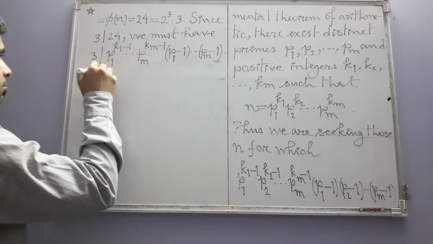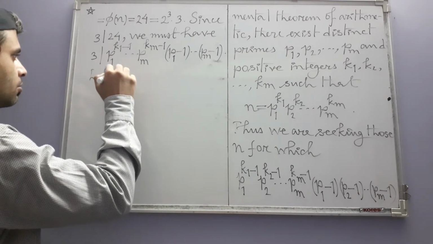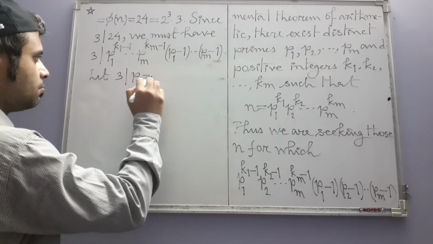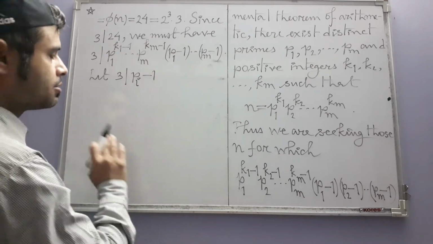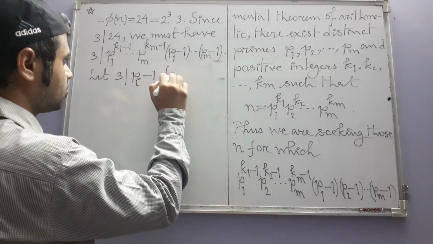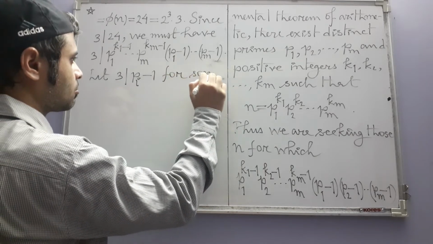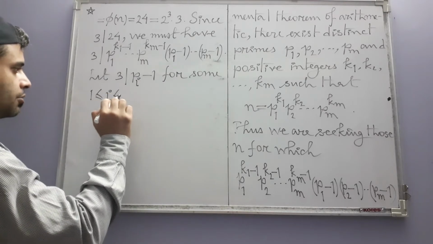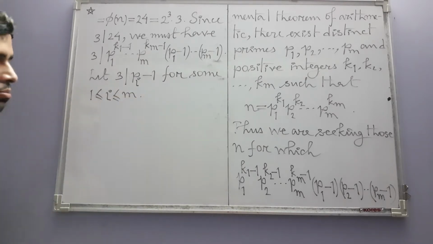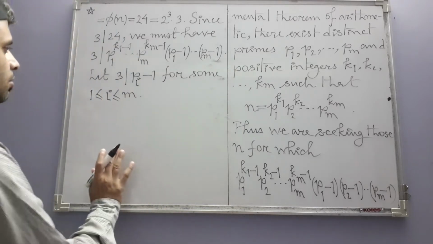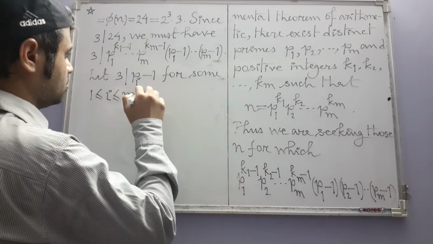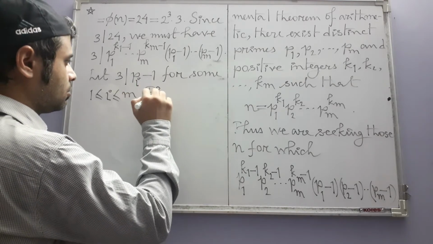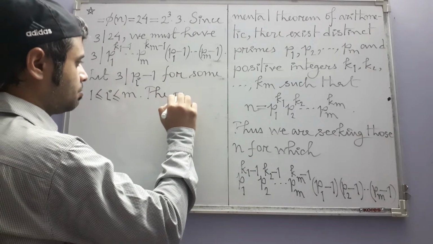Let 3 divide pi minus 1. Let us consider this case first, for some i varying from 1 to m.